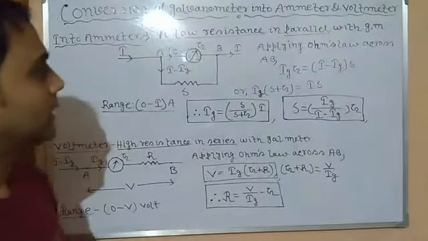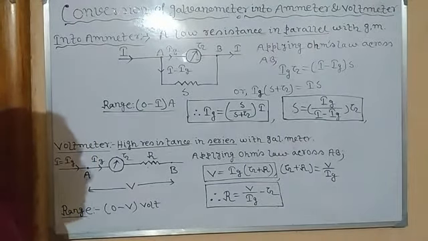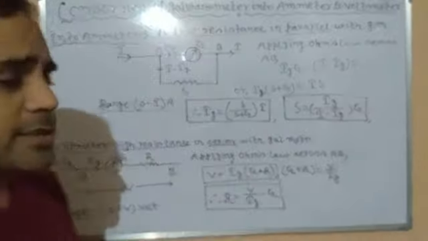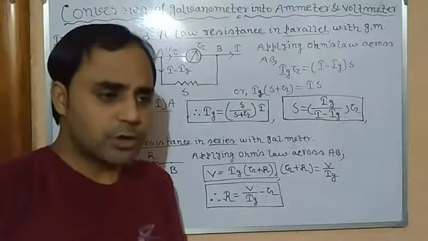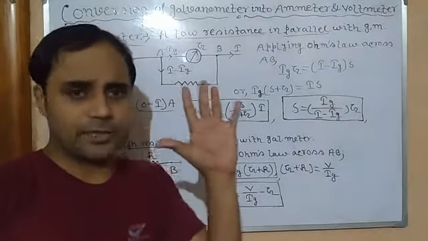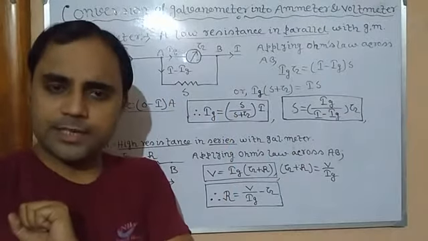But why is the ammeter connected in series combination, whereas the voltmeter in parallel combination? What is the function of the ammeter? The function of the ammeter is to measure the flow of the entire current passing through the circuit.